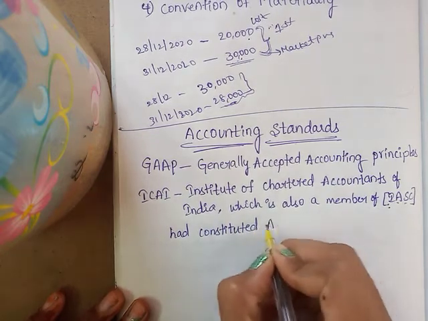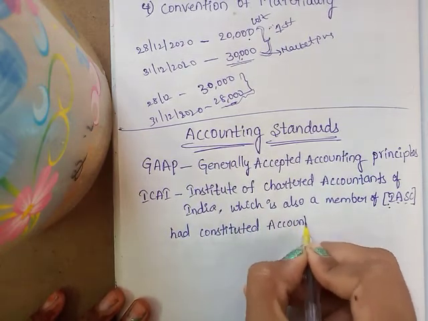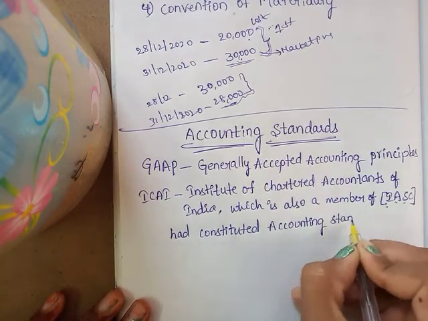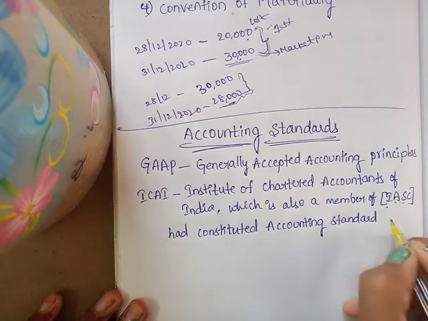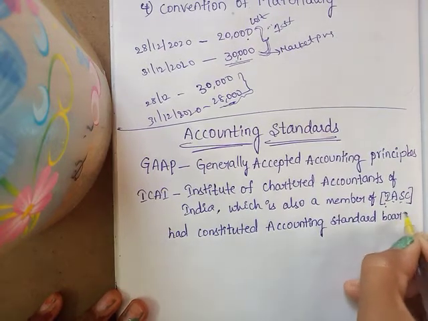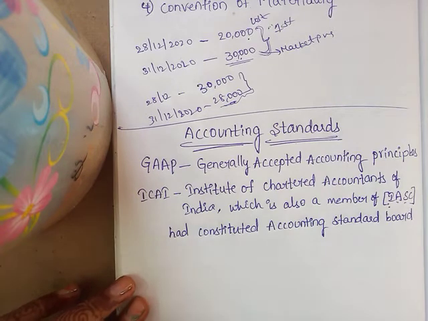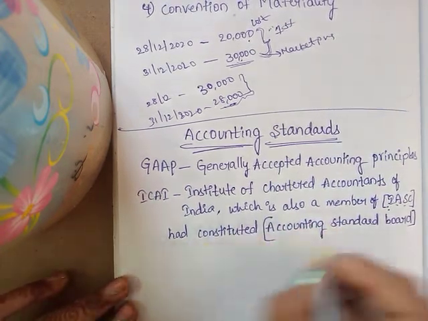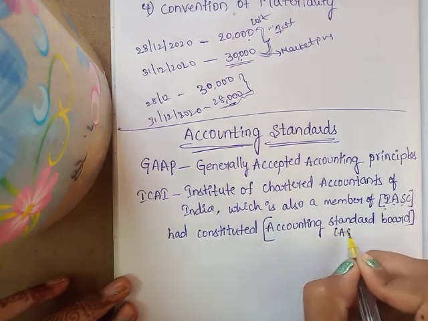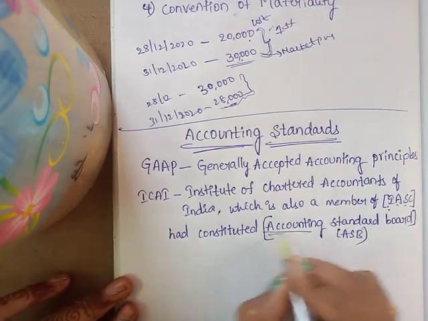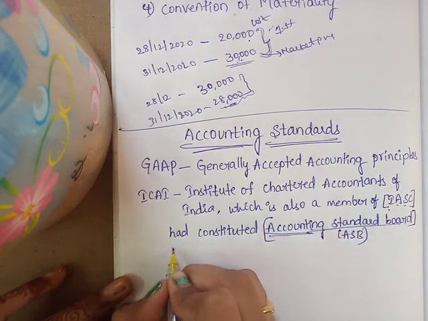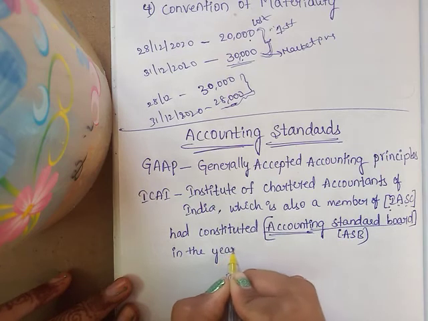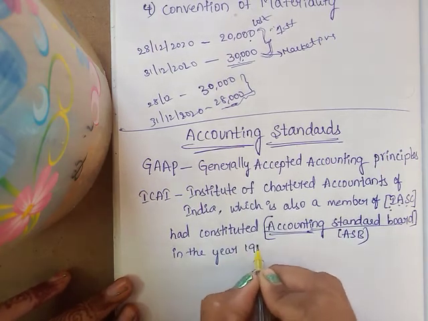They had constituted this Accounting Standard Board, ASB, in which year? In the year 1977.